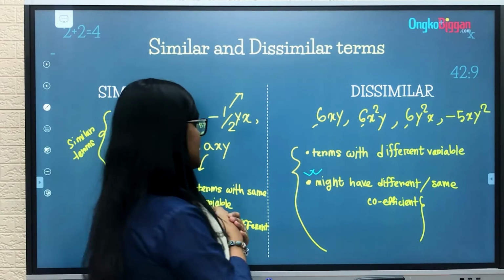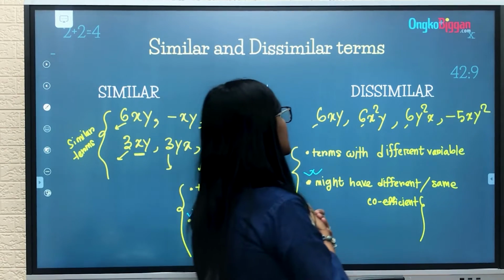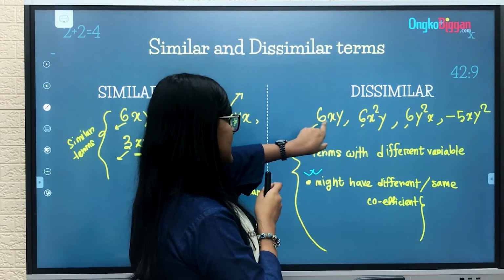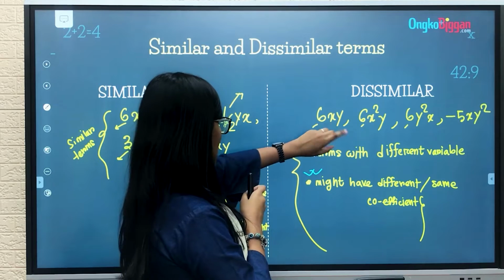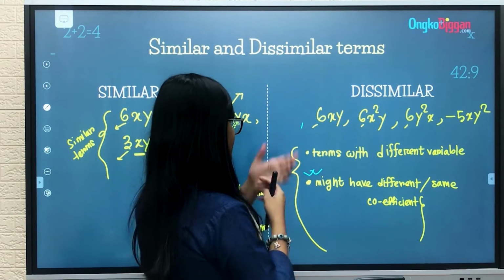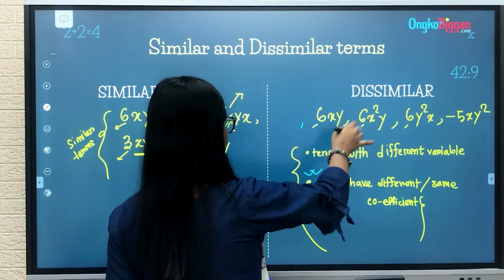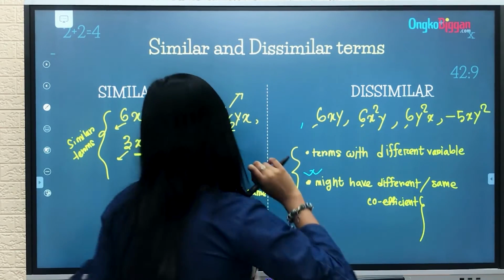And in case of dissimilar terms, we will deal with different variables. Here, in spite of having the same coefficient, as they have different variables, they are dissimilar terms.